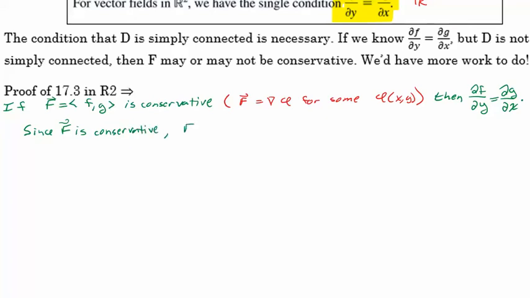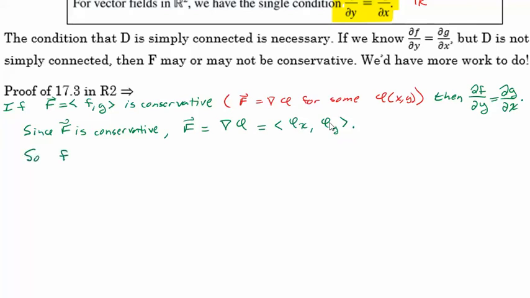that means we know that F is equal to the gradient of phi for some phi, which is then equal to the partial of phi with respect to x, partial of phi with respect to y. Okay, and since capital F is little f, little g, that means this is little f and this is little g, right?